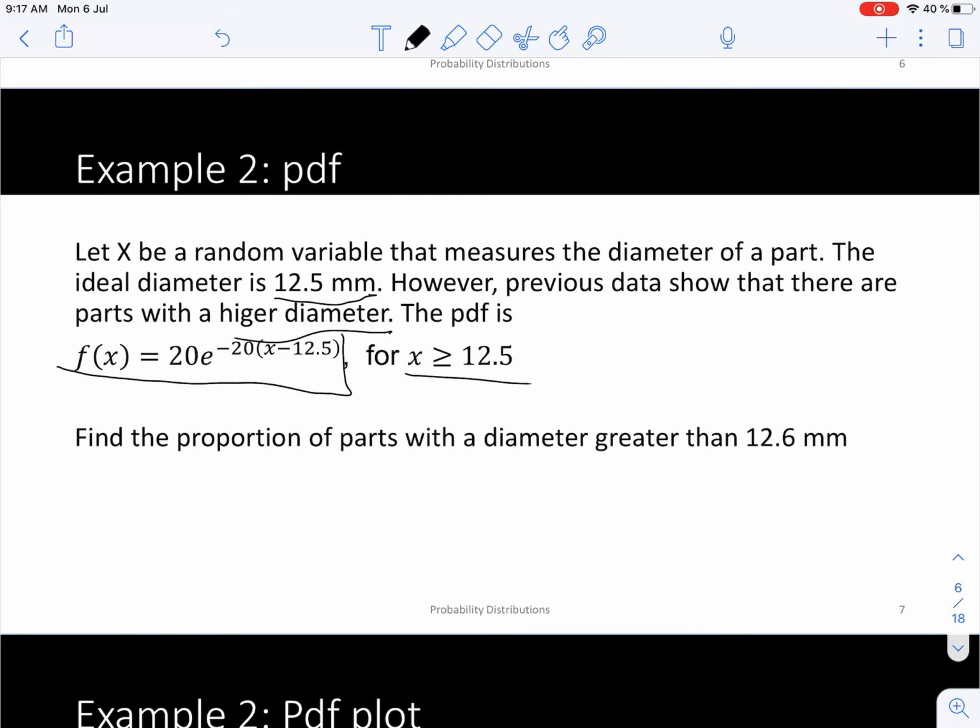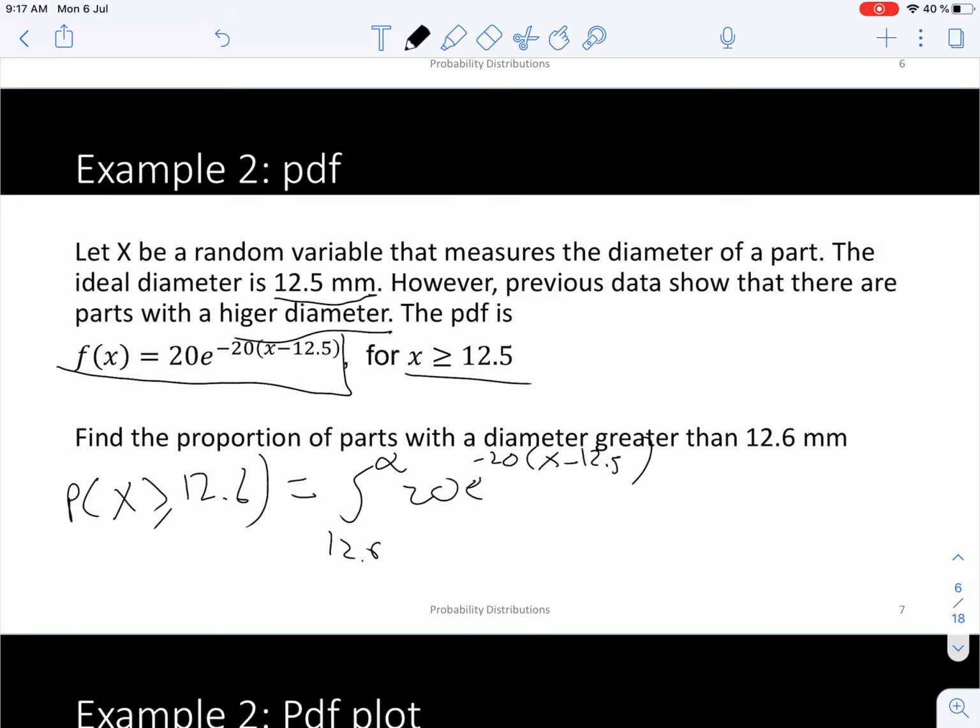So initially, we want to find what's the probability that x is greater or greater or equal, it's the same, doesn't matter. What matters here is the greater part, 12.6. So this is equivalent to the integral from 12.6 up to infinity of the PDF function, right? 20 e to the power of minus 20 (x minus 12.5).